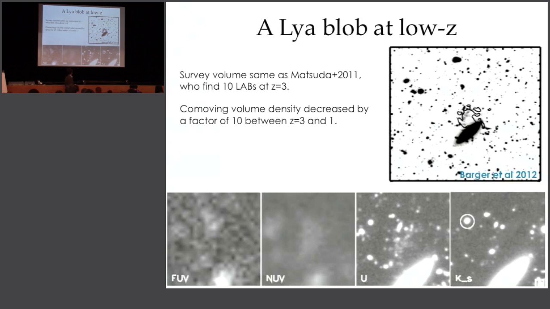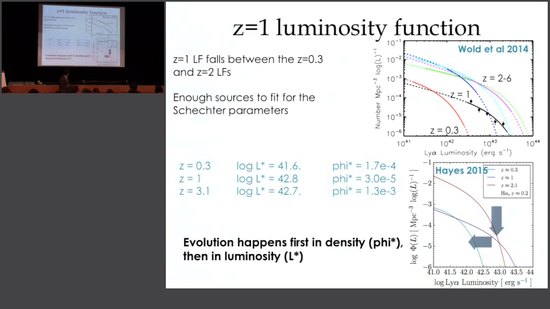It's actually not particularly bright, 10 to the 43-ish ergs per second, so it's not Sebastiano-type slug objects by any means, but in all of the GALEX surveys done at redshift 1, this was the only such object that showed up. It's a volume similar to that surveyed at redshift 3 by Matsuda and collaborators. This is showing us that these things probably are not particularly common this side of redshift 2.